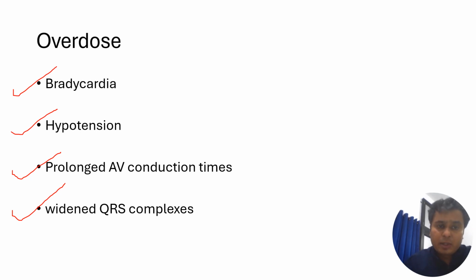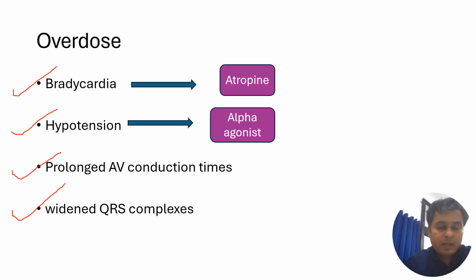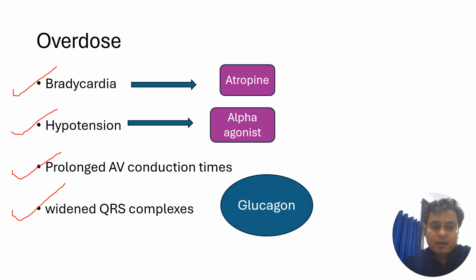To treat the overdose, to treat bradycardia, we can use atropine. To treat hypotension, we can use alpha agonists. But the first-line drug for the treatment of overdose of beta blockers, or beta blocker poisoning, is glucagon.